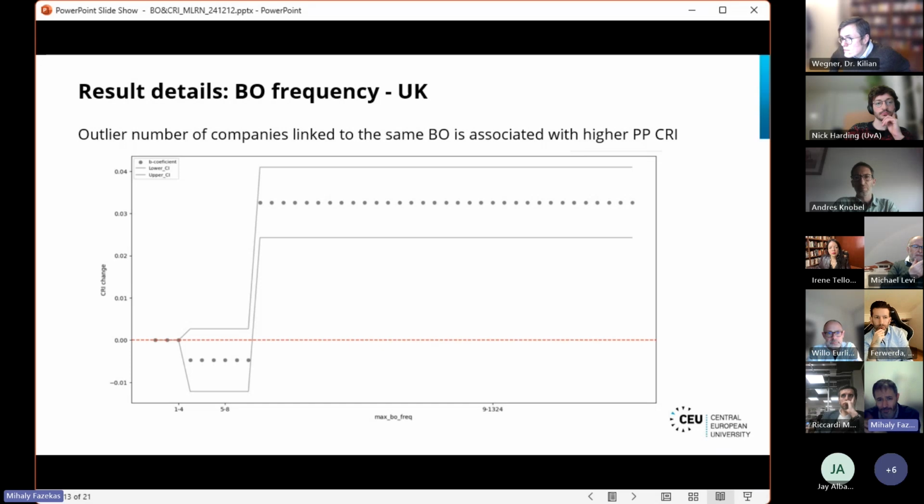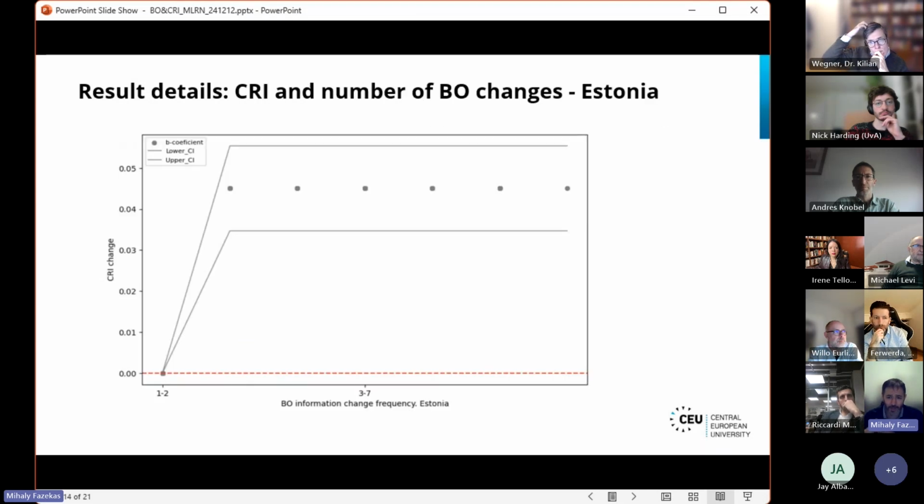And then there's a jump in the case of the UK when 9 companies are on the same name. And then, of course, the effect is even stronger when you look at very large numbers, like 1,300 companies on the same name.